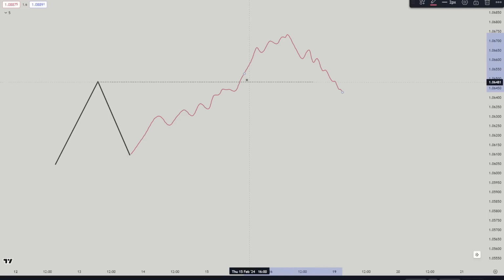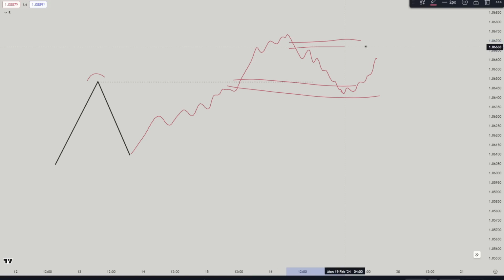Now, a lot of the time when we have a liquidity run, it means that we want to continue. I mean, we want to take the liquidity, yes, for sure, but then we want to continue to the upside again. So we could be having this high overlapping with the fair value gap, then continuing up, where a lot of people would be waiting for this fair value gap to enter short, which is going to be disrespected going up, right?